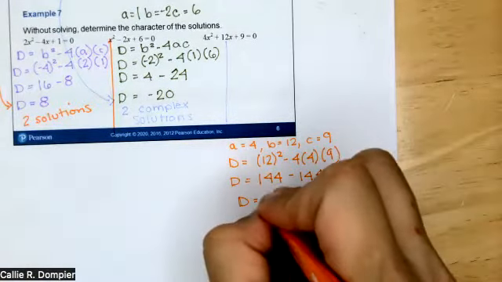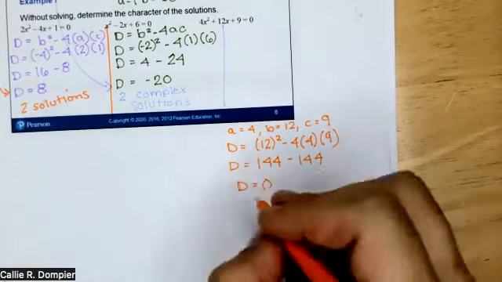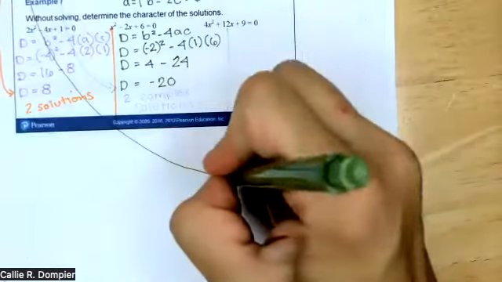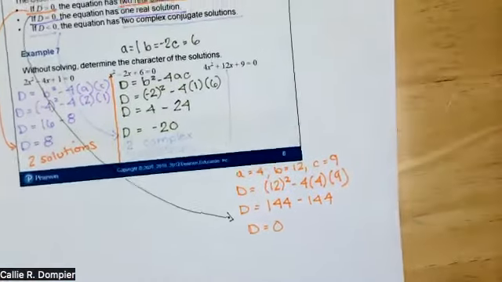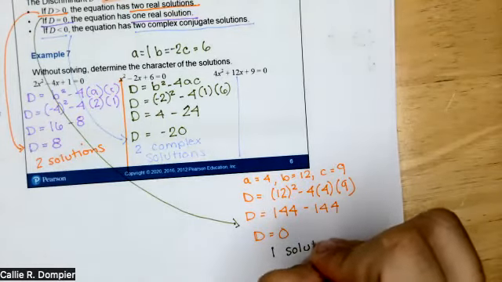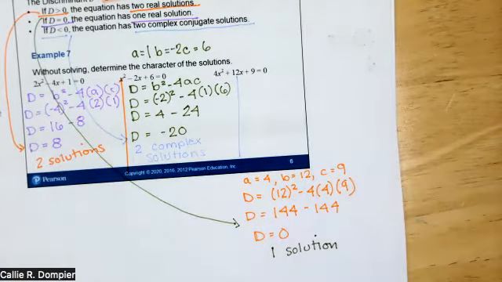So our discriminant is 0. So that is one solution. And it would not be a complex solution. One real solution. Good.